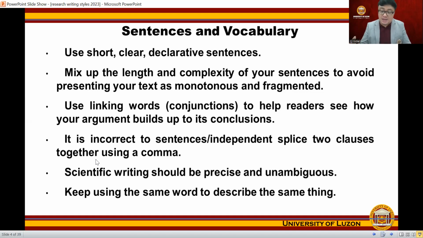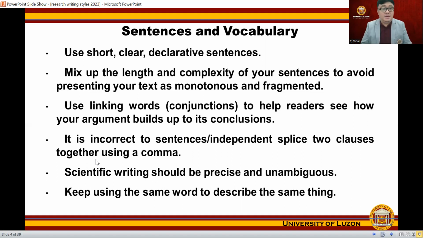On the other hand, conjunctions like however, yet, nevertheless, notwithstanding, and of course still, link two clauses that do not agree with each other. They disagree, the two clauses that disagree.